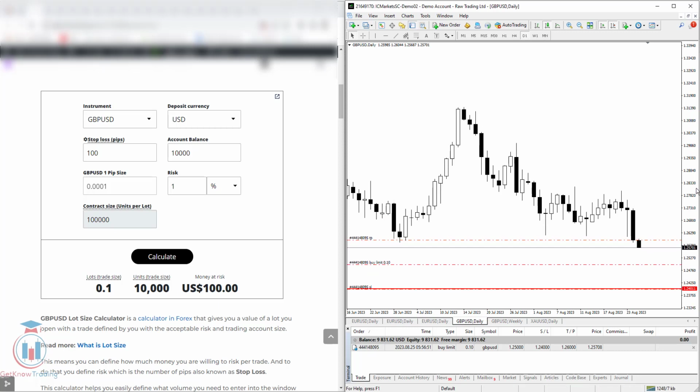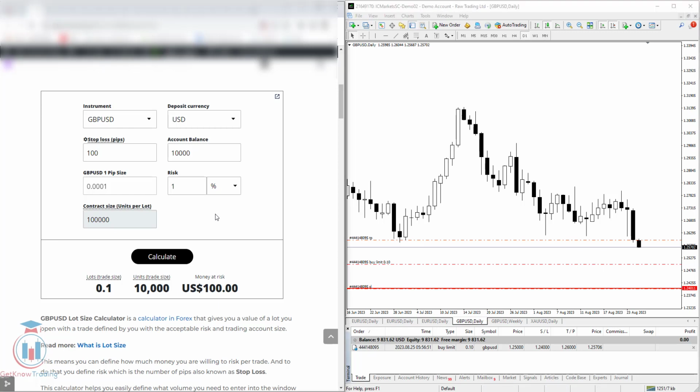So let's take a look here. GBPUSD. Okay, now let's take a look here. We have a stop loss here set to 100 pips, which is equal to $100. And also the take profit is set to 100 pips, which is equal to $100.